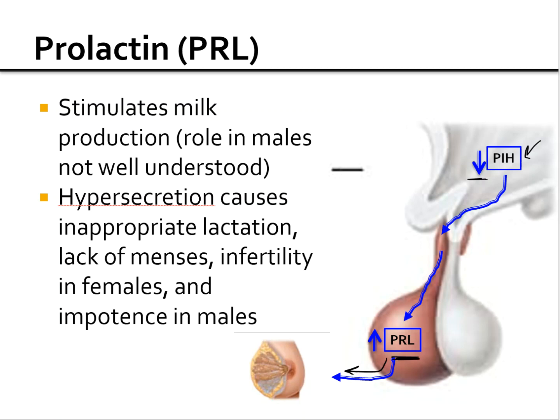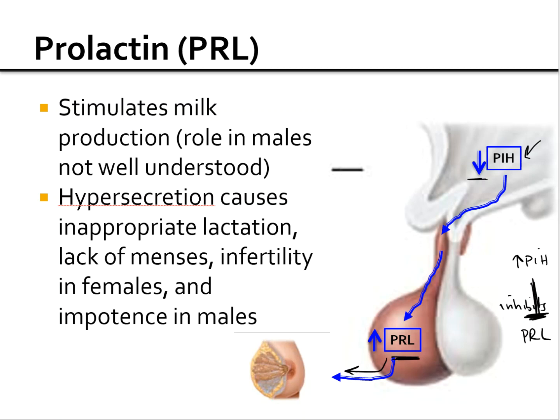And PIH is secreted at all times, so the default in this pathway is to secrete. So if you increase PIH, you prevent PRL secretion. This little symbol here means inhibits.